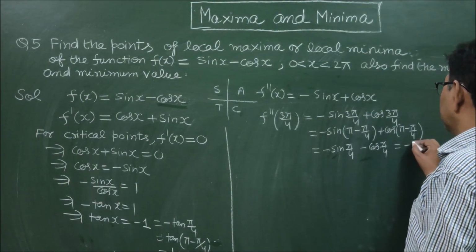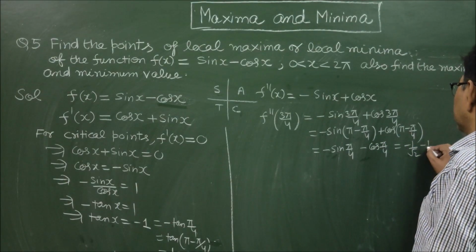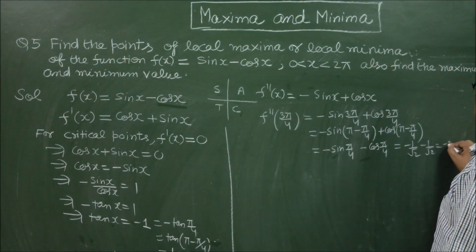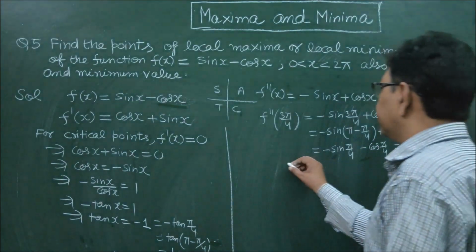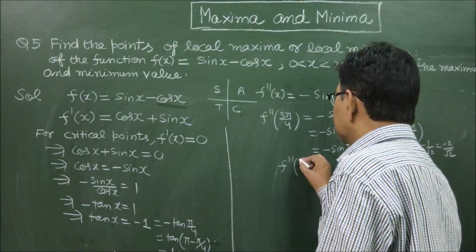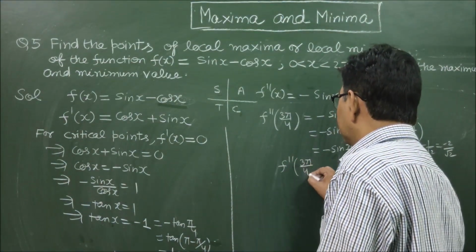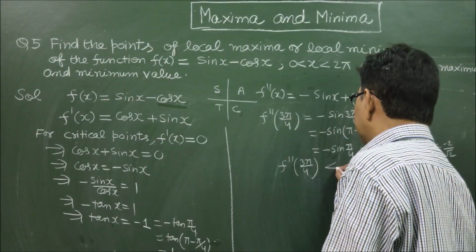So minus 1 by root 2 minus 1 by root 2, which is equal to minus 2 upon root 2, which is a negative quantity. Therefore f double dash 3 pi by 4 is less than 0.